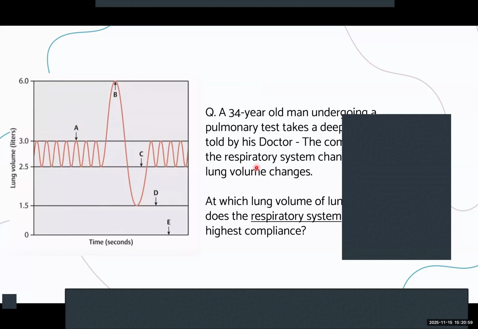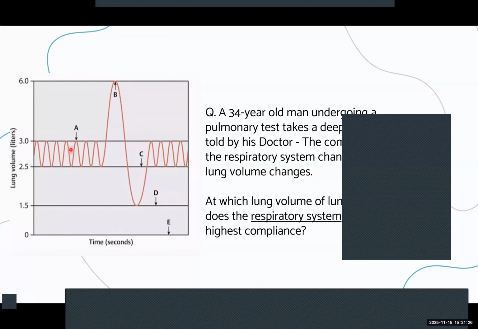C, yes, it is, but in this graph specifically, because he is exhaling completely, at this point he hasn't reached the point in which his lungs are back to normal. So this is the point after maximal expiration instead of the point after normal expiration, because he went all the way. A is not the exhalation, that's normal inspiration.